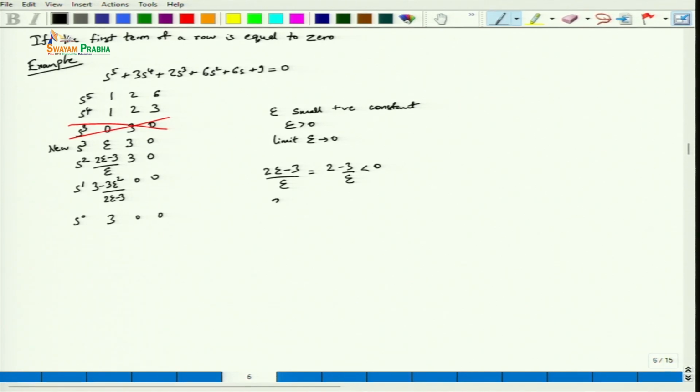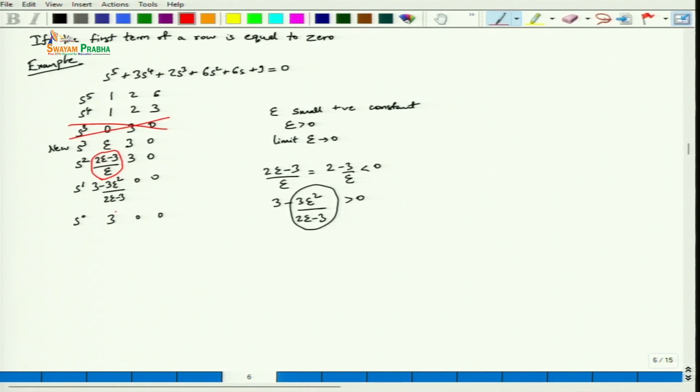Next, if we come to the next coefficient, this particular portion will be dominated more by epsilon in the numerator. So this will result in a small quantity, and since it's 3 minus some small quantity, this will represent a positive quantity, and we have 3 is positive.